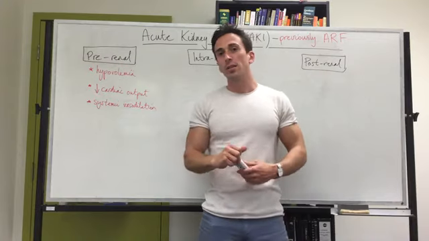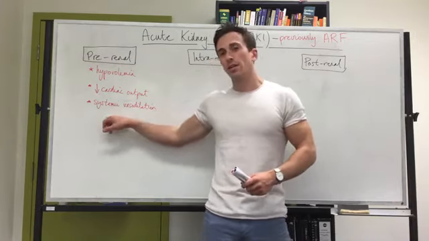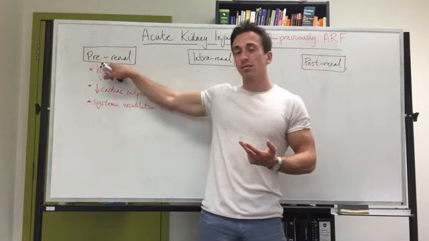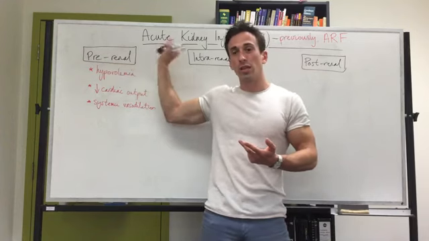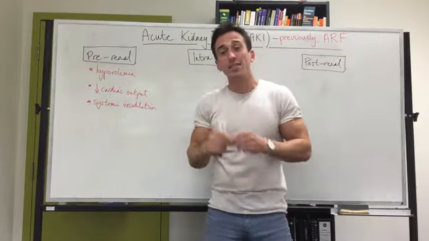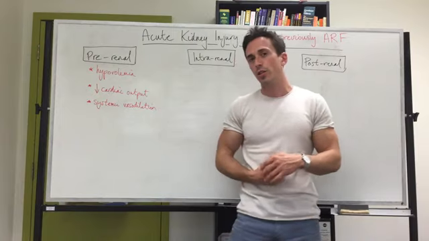Another thing is sepsis. Sepsis also results in systemic vasodilation. So patients with anaphylaxis and sepsis can get systemic vasodilation and can cause acute kidney injury via the pre-renal mechanism. Anesthetics as well. Certain types of anesthetics can result in systemic vasodilation.